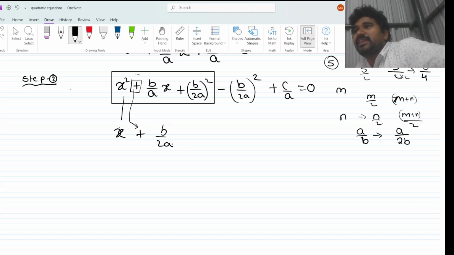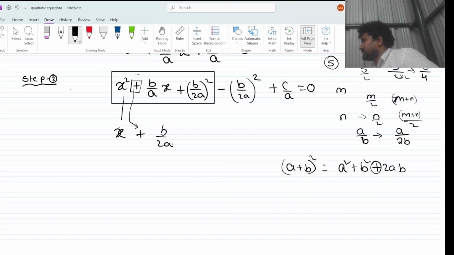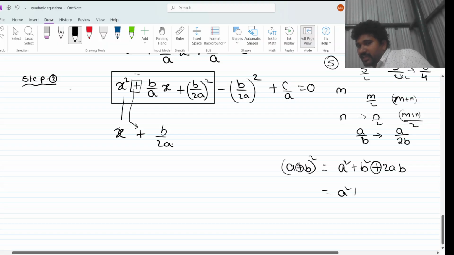If 2ab is plus, it is a plus b whole square. If 2ab is minus, how? Observe, a plus b whole square, what is the formula? a square plus b square plus 2ab. That is plus, so here it is plus. No sir, a square plus b square minus 2ab, that formula is a minus b whole square.